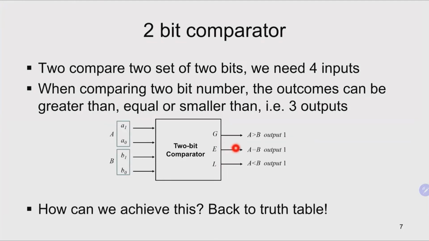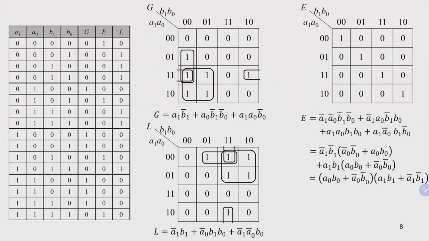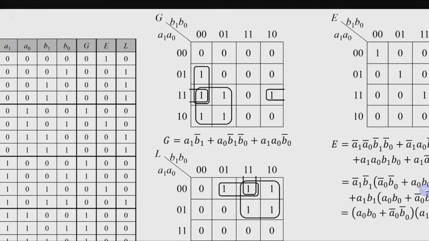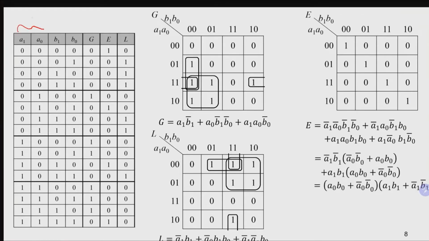So how can we achieve this sort of comparison? Okay, so we go back to our truth table, list down all our possibilities and the outputs of what we're trying to achieve. So this is the truth table. We got 4 inputs. This is for A, and this is for B. So we're comparing these two.